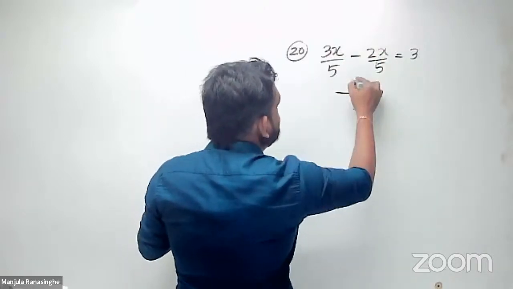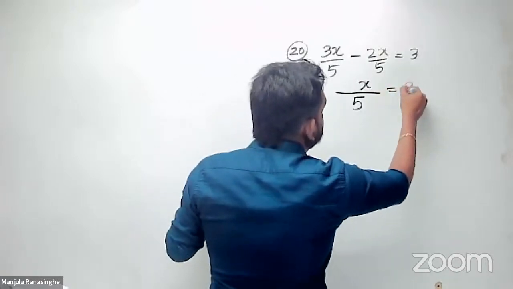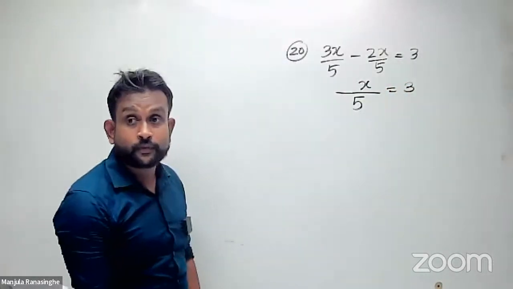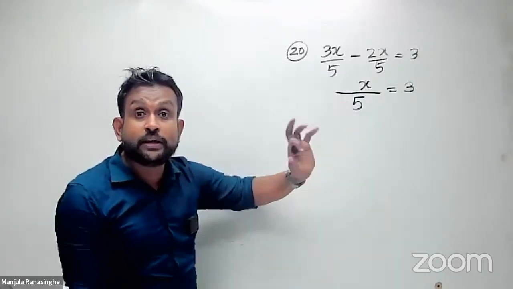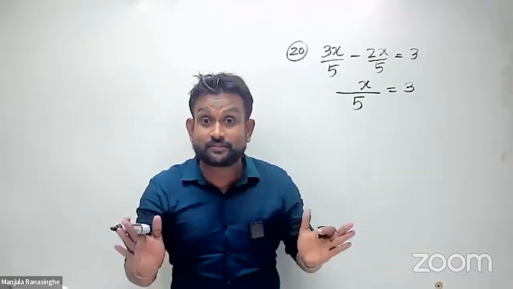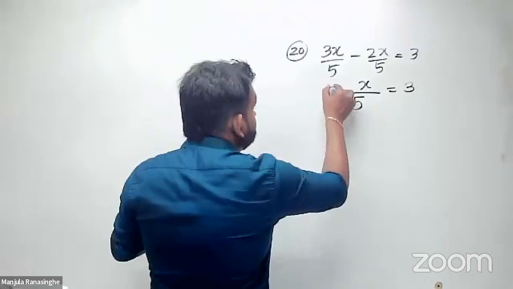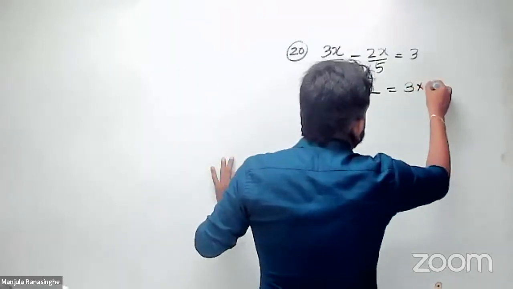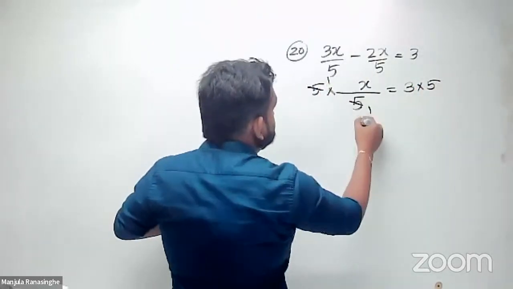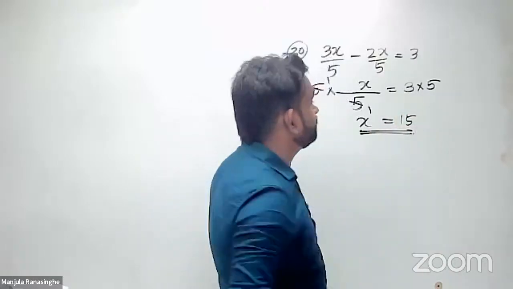That means 1x, so you can write x over 5 equals 3. To make x the subject, the division by 5 can be cancelled by multiplying both sides by 5. Then the 5 cancels, and x equals 3 times 5, which is 15. So that is the answer.